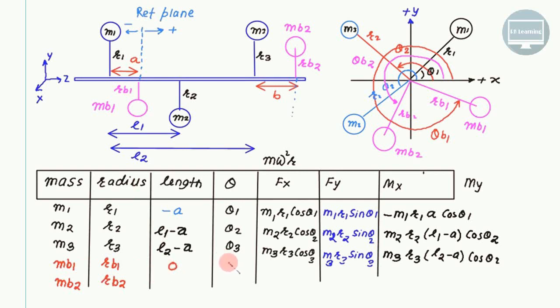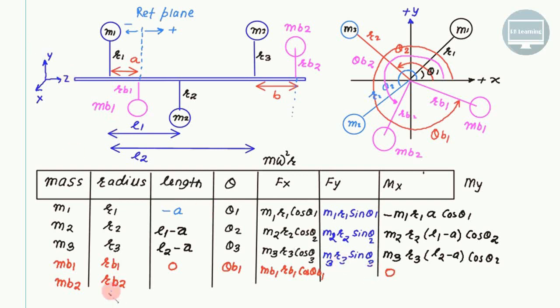And what is the angle? It is theta B1. And what is the force? It is MB1 into RB1 into cos of theta B1. This term will be sine, and this term will be equal to what? Is it 0? Why 0? Because the distance is 0. Agree?